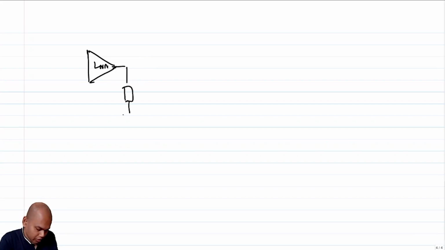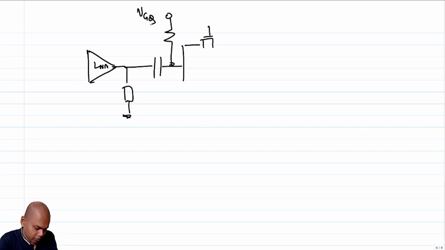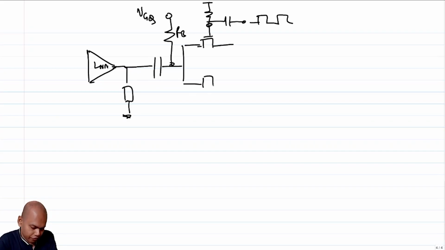Let me put the Z here, then you put a capacitor, then you have these mixer switches. These mixer switches are biased with VGQ, the RB. This is also biased. Similarly, you have other switches, right?